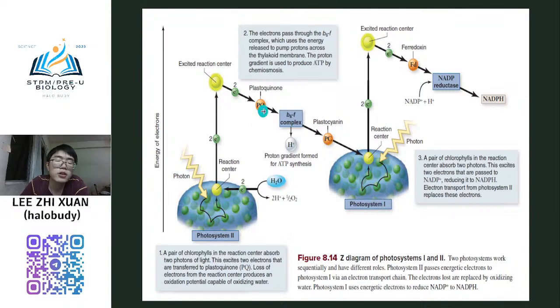Plastocyanin is not involved. I hope everyone can understand it, but the theory is the same. The first reaction, the light energy reaction, is totally the same. Just the electron flow is different.